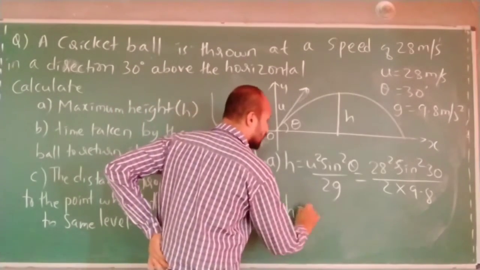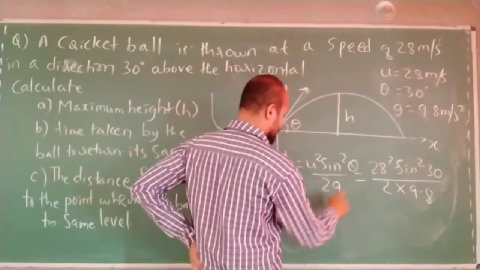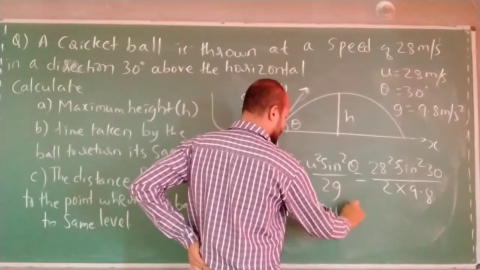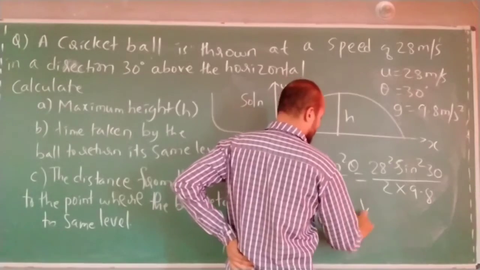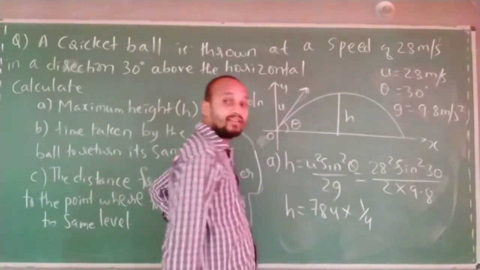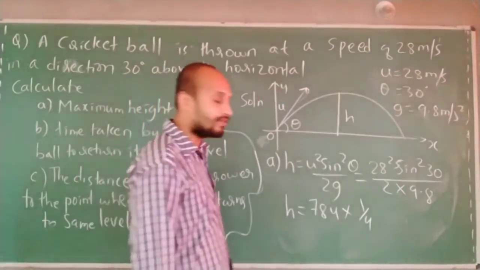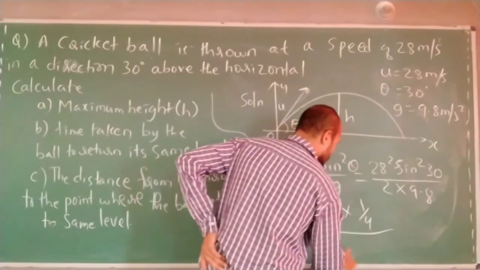So h will be equal to 28 square, which is 784, into 1 by 4, since sin theta is 1 by 2 and sin square theta is 1 by 4, divided by 2 into 9.8.